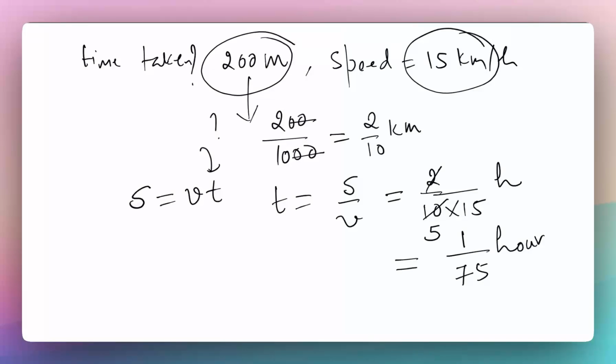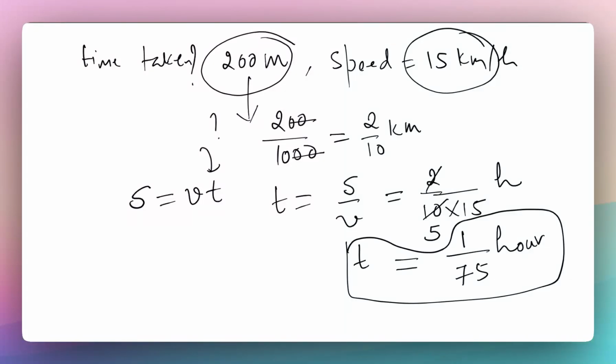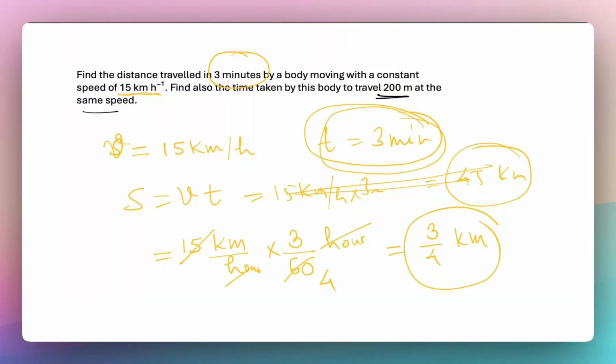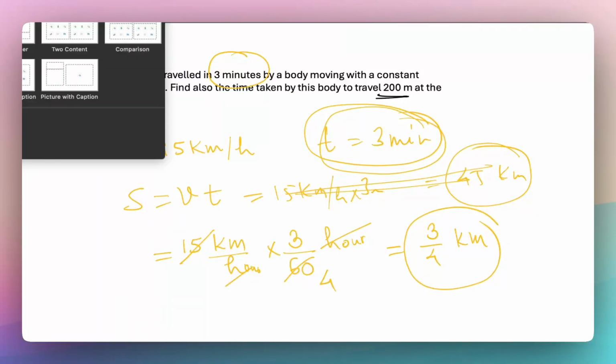If you want to convert that into minutes, we can simply do that by multiplying by 60. So that's up to you. But that's how we are going to calculate. All we have to ensure is that whenever we are using any formula, actually anywhere in physics, all the things are in the same unit.